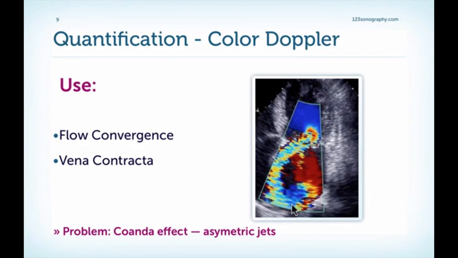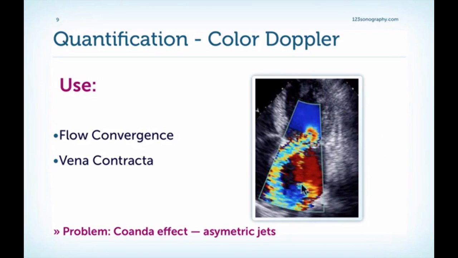Because we have a curved jet. What is very important is you can nicely delineate the flow convergence zone because we have aliasing here. And because we know at which velocity aliasing occurs, we also know which velocity we have right here at the outer shell. This will be important when we talk about other methods to quantify mitral regurgitation.